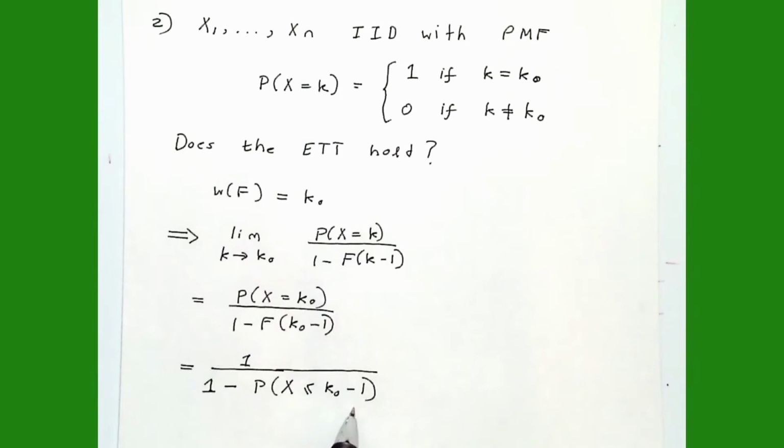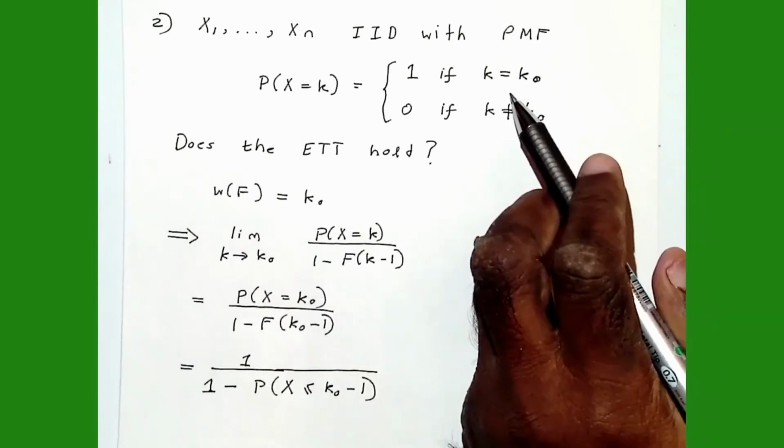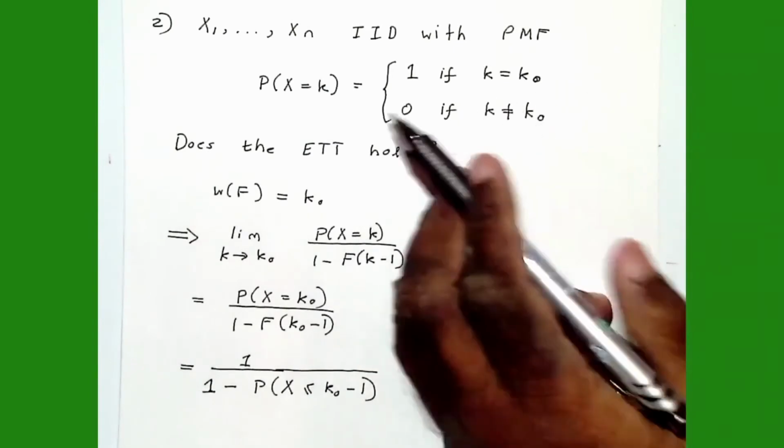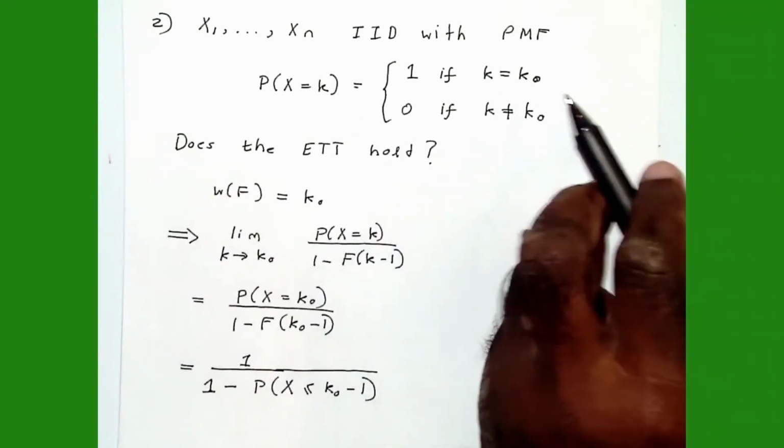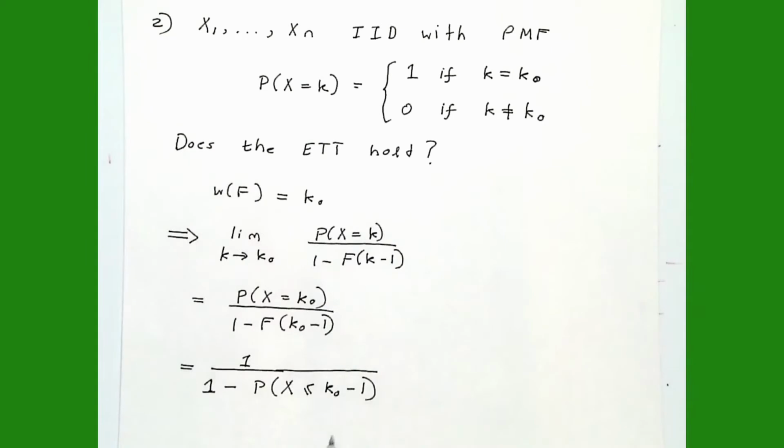It has to be 0, because, as I said, the distribution is only defined at k equal to k0. So anything that is below or equal to k0 minus 1, there's no probability defined over this range. So this probability has to be equal to 0, right?